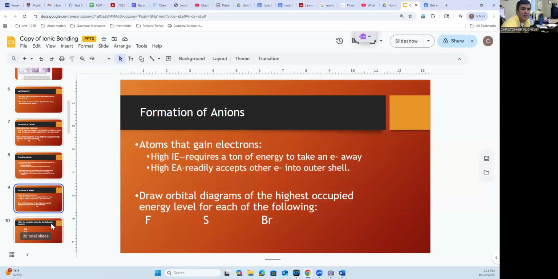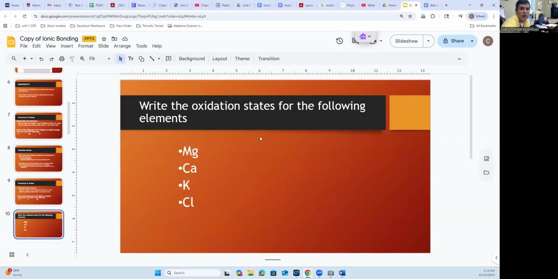All right, so it says write the oxidation states for the following elements. Okay, so magnesium would be +2. Calcium would be +2. Potassium would be +1, and chlorine would be -1. And so that's what we have.